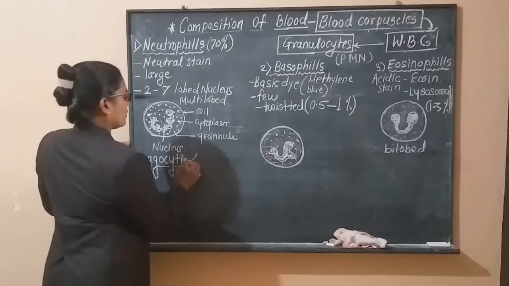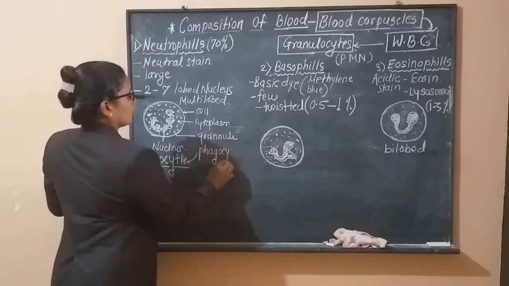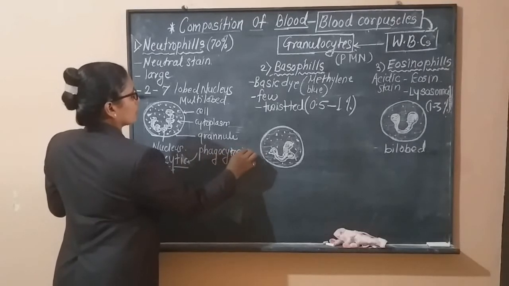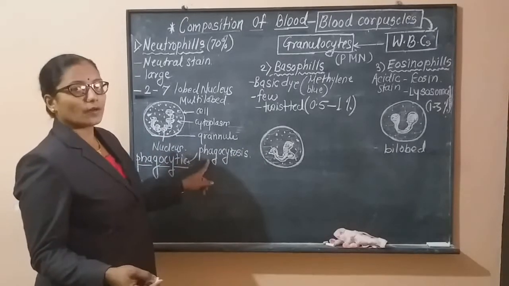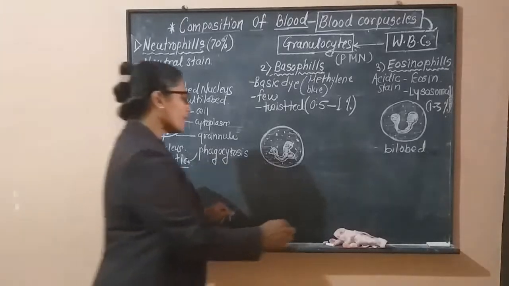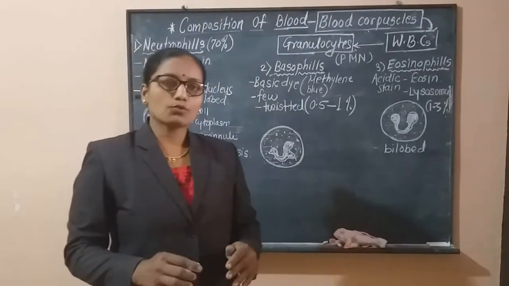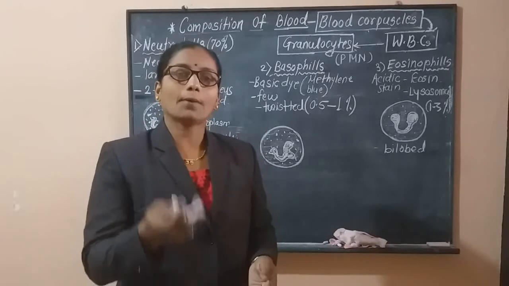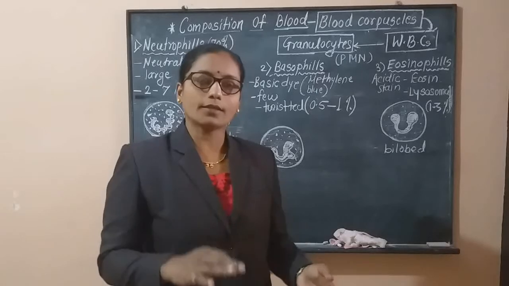Why called phagocytic? Because they perform the process of phagocytosis. Now, the question arises, what is meant by phagocytosis? This phagocytosis has a simple meaning, that is to destroy the pathogen by engulfing. To engulf that pathogen, and after that it is destroyed.